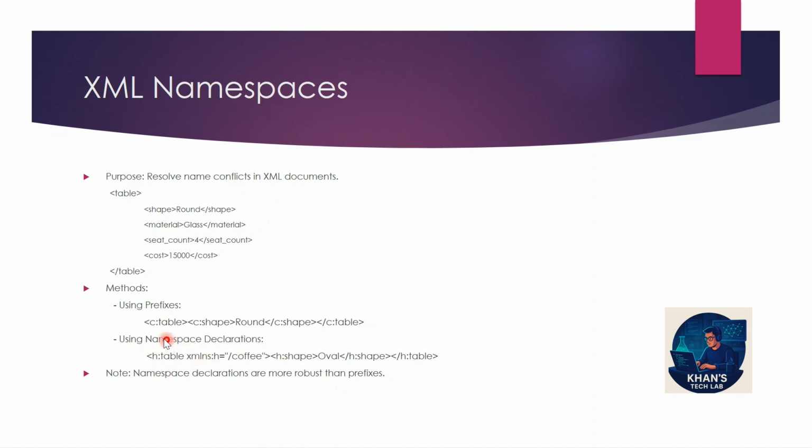So we can add a prefix like this, or we can add an XML namespace like this. Either way can be used, but the more robust way is to add the namespace declaration rather than the prefixes. So these are a few things to learn about XML.